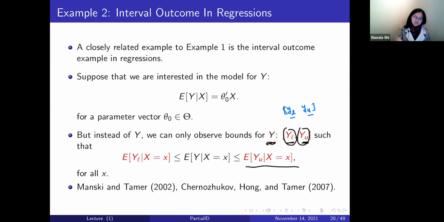So for example, if Y is missing for D equals 0, just like the first example, then you can construct YL to be Y for those whose Y is not missing, and little YL for those whose Y value is missing, and similarly YU.